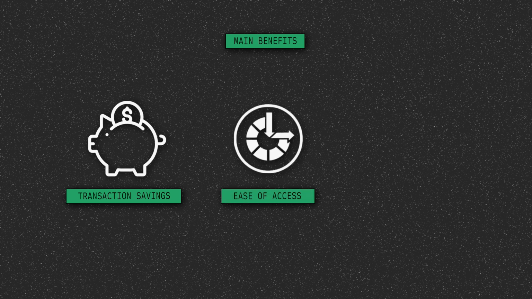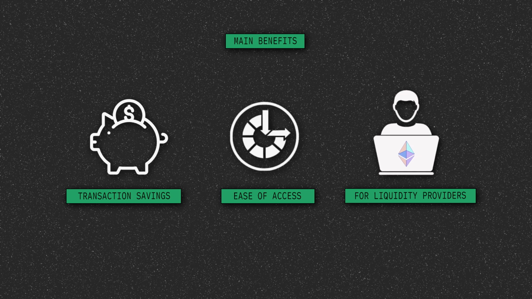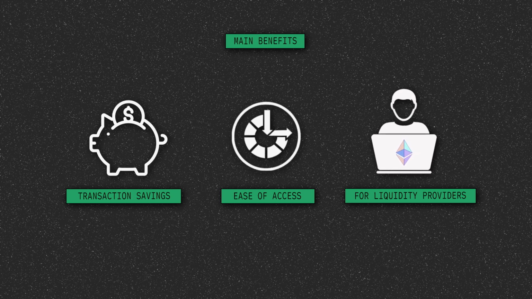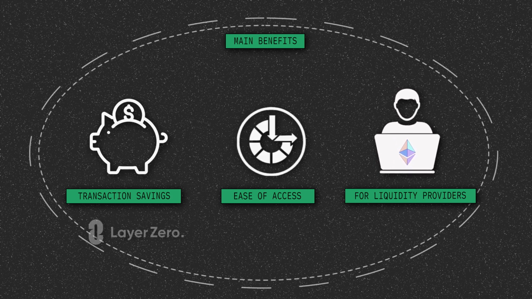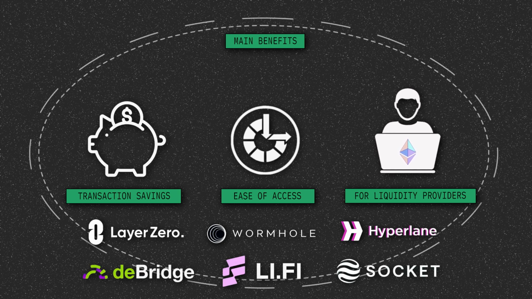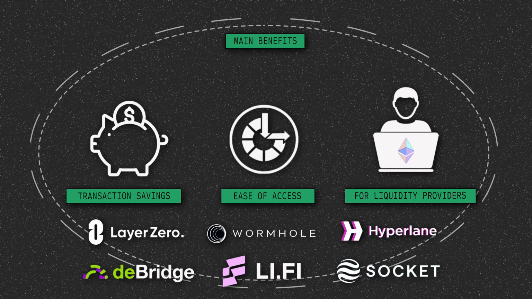Users no longer need to create bridges between networks themselves. Opportunity for liquidity providers to earn through trading commissions and profits from positions. And thanks to the integration of such protocols and bridges as LayerZero, Wormhole, Hyperlane, deBridge, LiFi, and Socket, users get the best experience.